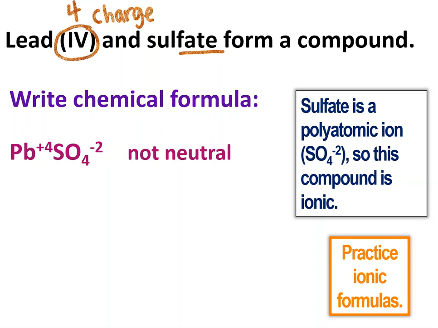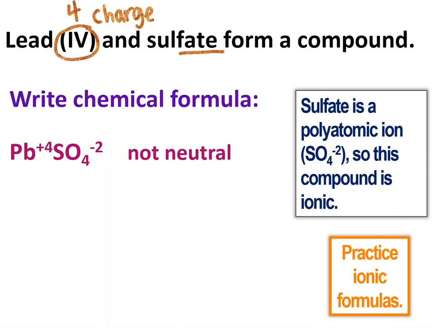It also has a metal, so that would tell me it's ionic. The lead, the charge is given. Lead is in the middle of the periodic table. It's not in one of those columns that we know, so that's why we have the charge given. And sulfate is a polyatomic ion, and I can look up its charge if I need to.